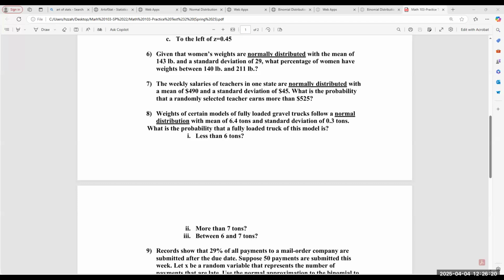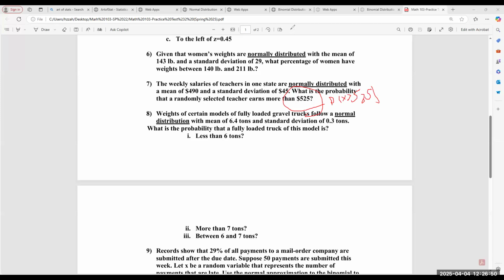So let me just write the information. The mean is 490, standard deviation 45. So the situation is more than. Be careful: more than means P of X greater than 525. Okay, 525 is going to be the area to the right.